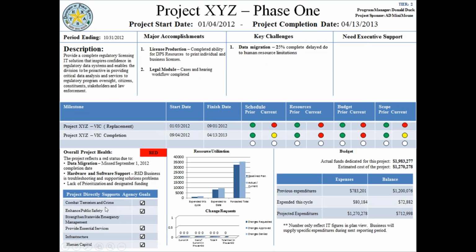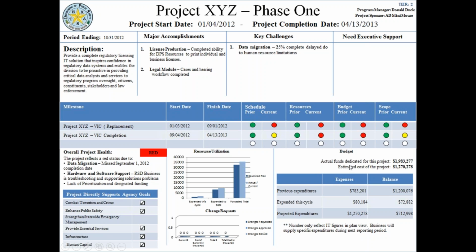So the goals here are indicators of where they're at: resource utilization, what kind of change requests have been submitted, and how many have been approved or denied. As you can see, there have been 0 change requests at this point.